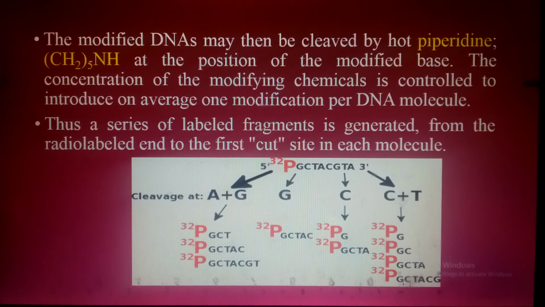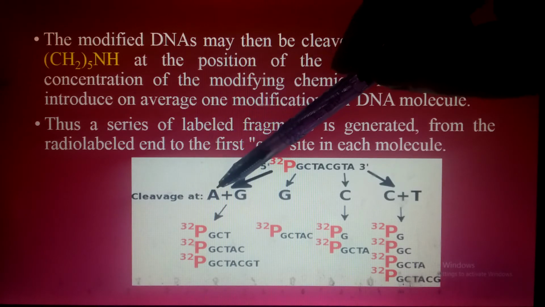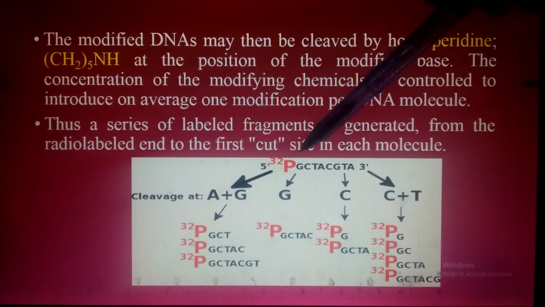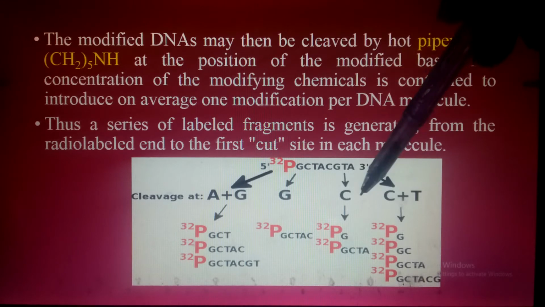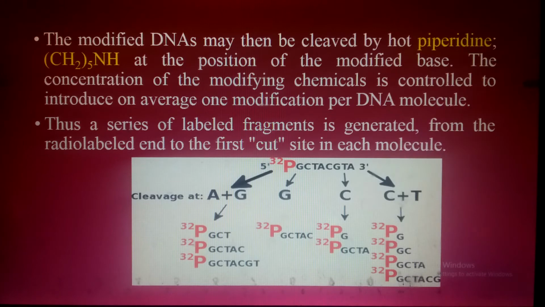The chemical modification occurs at different positions along the DNA strand. You can see here the first reaction, A plus G, means modification occurs at adenine and guanine. In the second reaction the modification occurs only at the G position. In the C reaction the modification occurs at the C position, and in the C plus T reaction the modification occurs at the C and T positions.